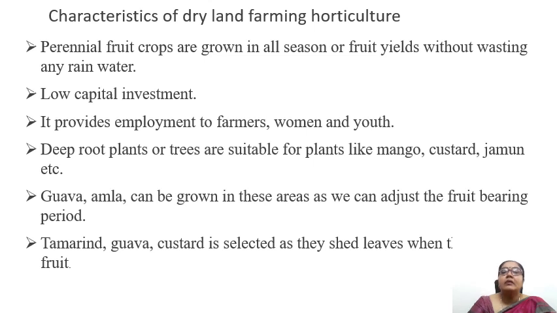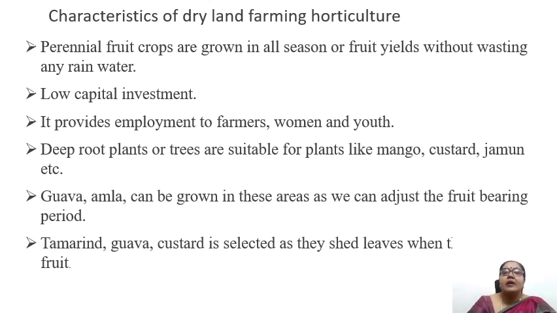So let's see then what are the characteristics of dry land farming in terms of horticultural produce. We see that perennial fruit crops are grown in all seasons of fruit yields without wasting any rainwater. Whatever little rainfall they are getting, they're able to concentrate and grow fruits all the season without any wastage.